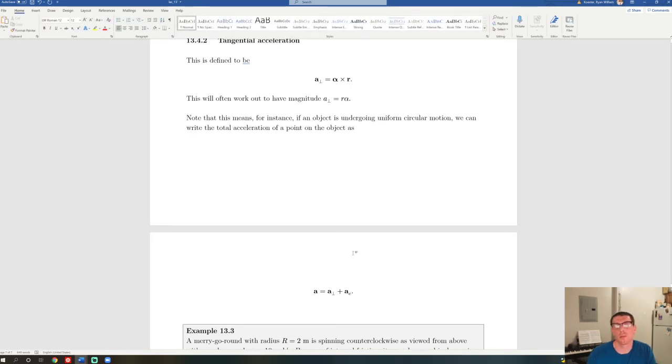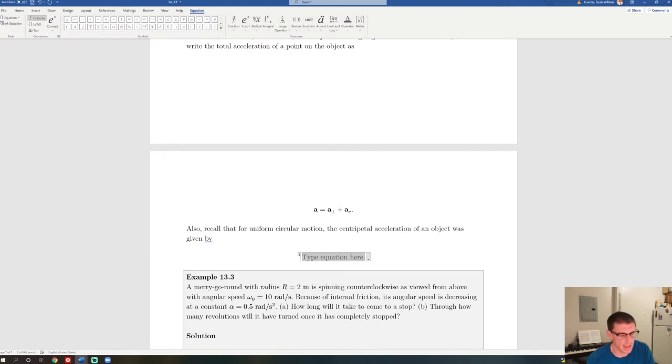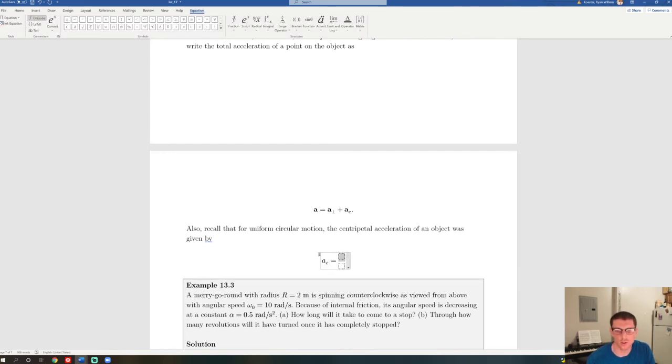Now I also want you to remember that for uniform circular motion, the centripetal acceleration of an object was given by, well, the magnitude was v squared over r.